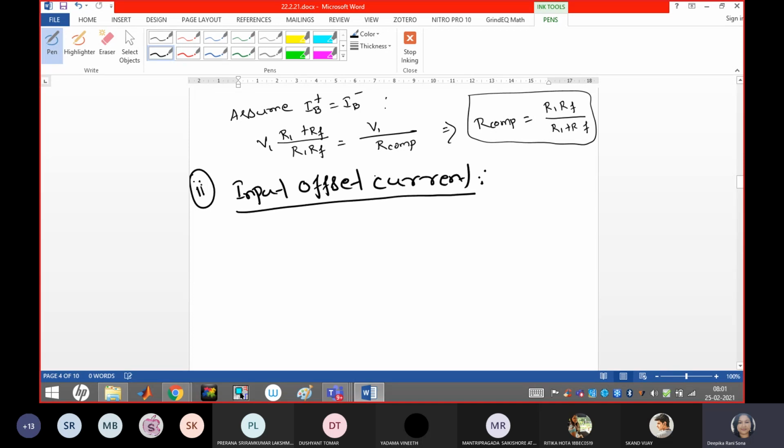Guys, can anybody answer this question? What is called as input bias current? The average of the two applied input currents, IB minus plus IB plus by 2, right? Yes or no? Guys, somebody please answer. Yes, ma'am.